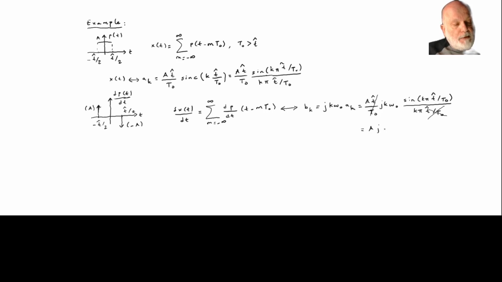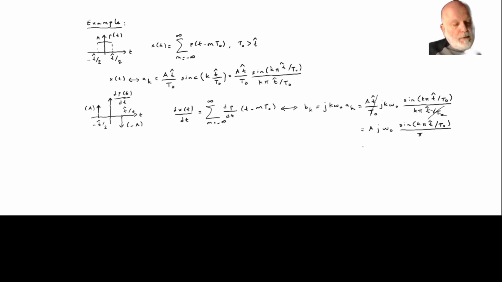So we have j omega 0. Then we have sine of k pi t cap divided by t0, divided by pi.